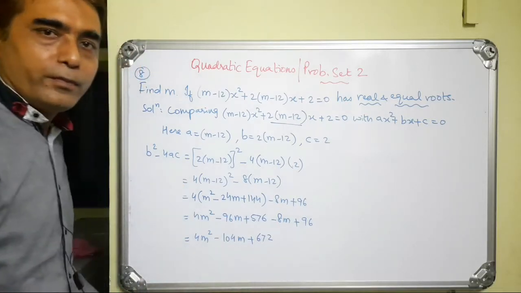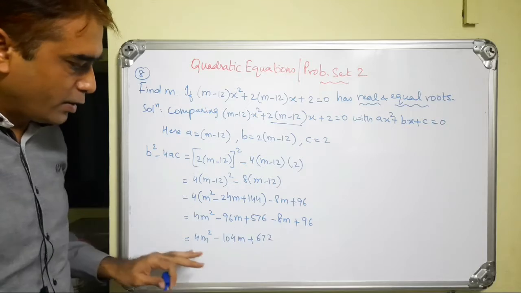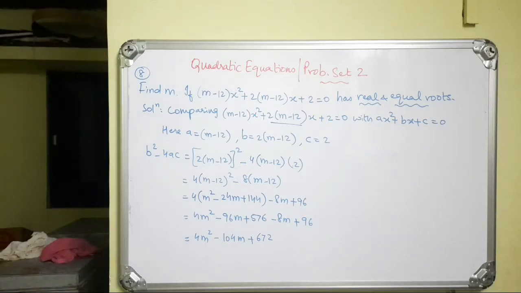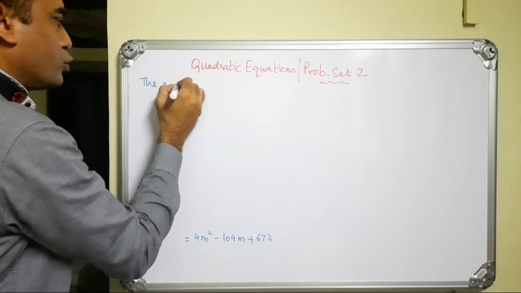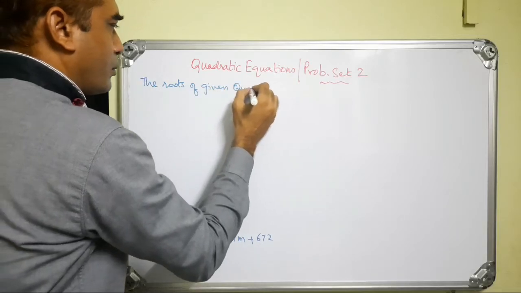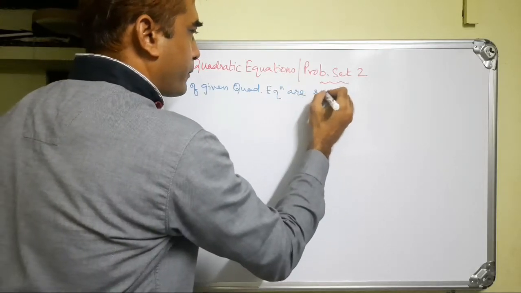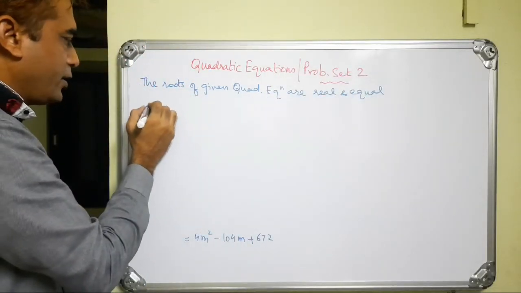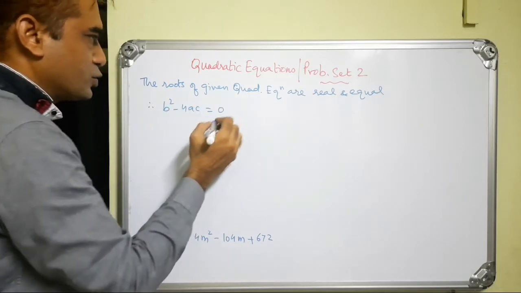But we know that when the roots are real and equal, the value of b² − 4ac is 0. Therefore the value of this expression is also 0. We'll write the roots of the given quadratic equation are real and equal, and therefore b² − 4ac equals 0.